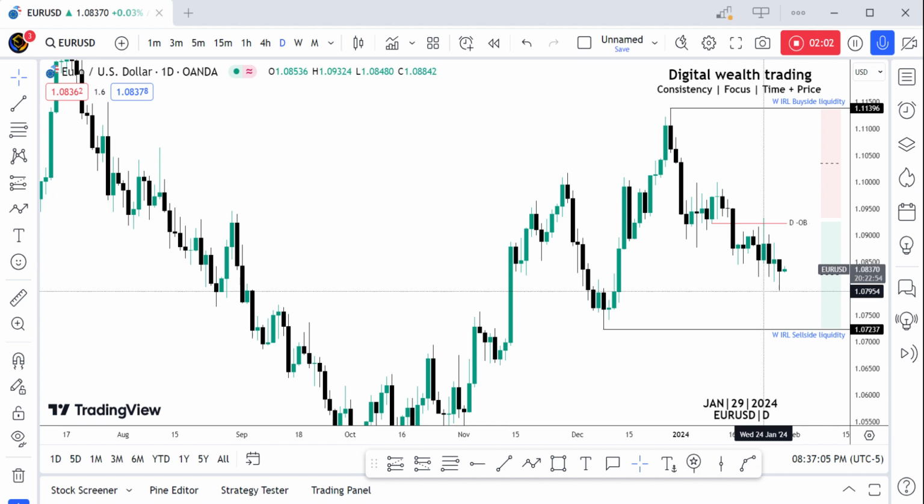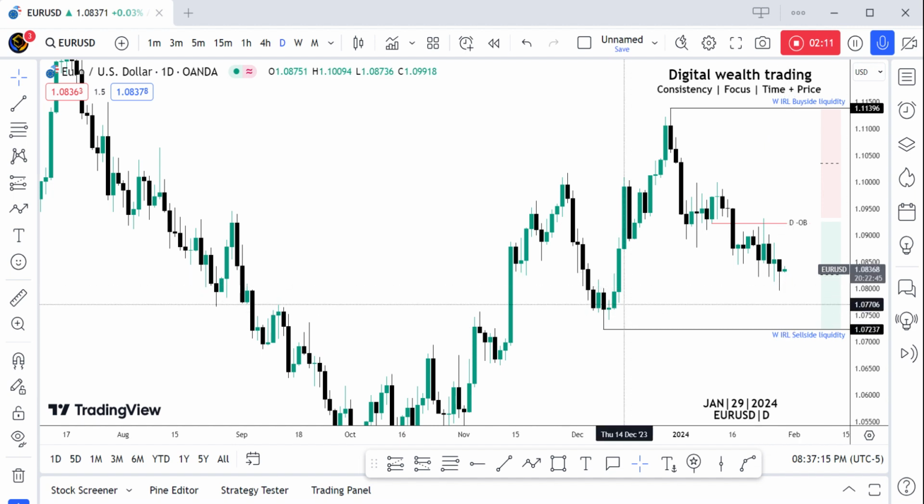Now we delivered into the high of that candle today. We just tapped on it and rallied higher. Since it is occurring at discount, we might see its effectiveness in price as well. I'm just calling out this area.